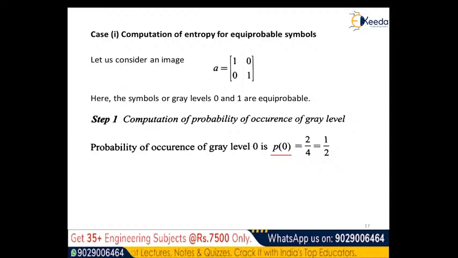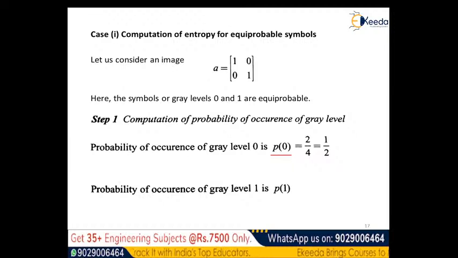In a similar fashion, the probability of occurrence of the second gray level, the value 1, which we denote as P of 1, is again 2 out of 4, which reduces to 1 divided by 2. So we have the probabilities of occurrence of both gray levels.